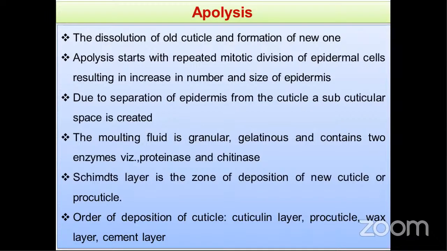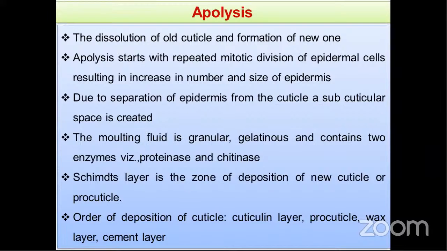Due to this separation of the epidermis from the cuticle, the subcuticular space is created.